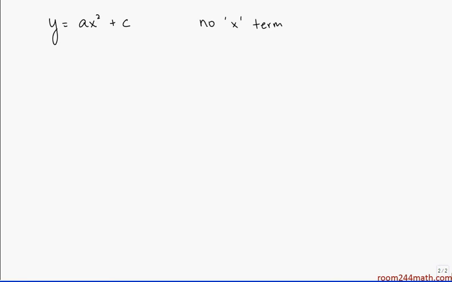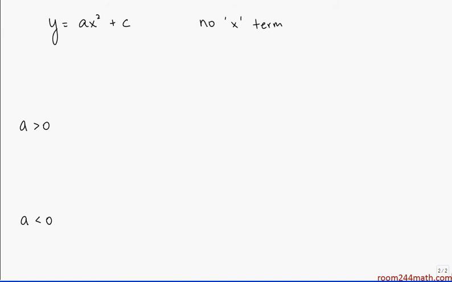The x term kind of complicates things, so to keep things simple, we'll just examine y equals ax squared plus c. Now, let's think about possible values for a and c in generalities. a could be either positive or negative. If a is 0, we don't really have a quadratic at all, and the graph's not going to be a parabola, so we'll ignore that possibility. So a is either positive or negative, and we'll consider both possibilities.